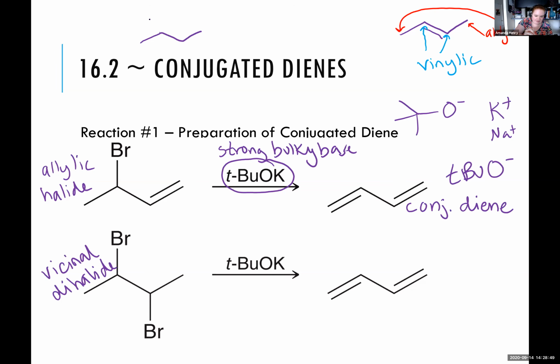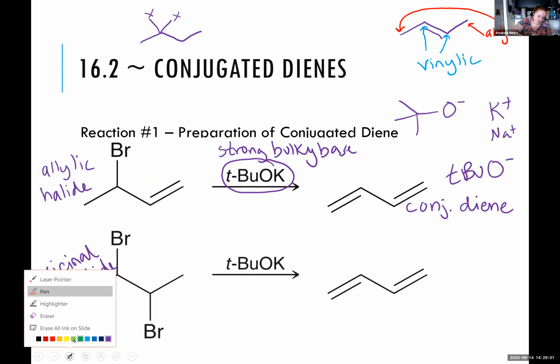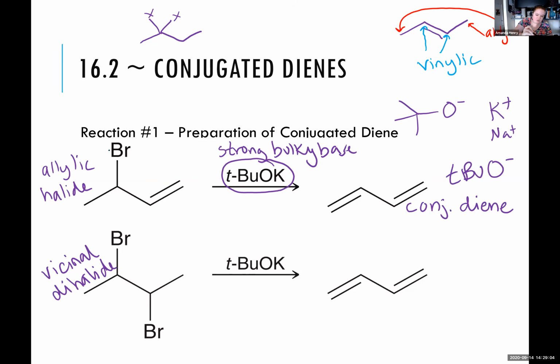When we have two substituents, and it can be two of anything. It could be methyls, it could be hydrogens, it could be alcohols. The term vicinal refers to two substituents, or excuse me, the term geminal, skipped ahead there.